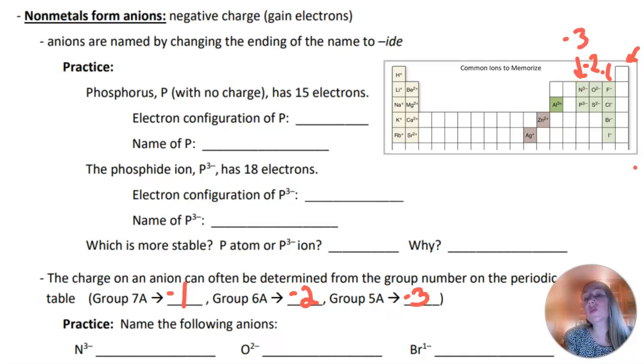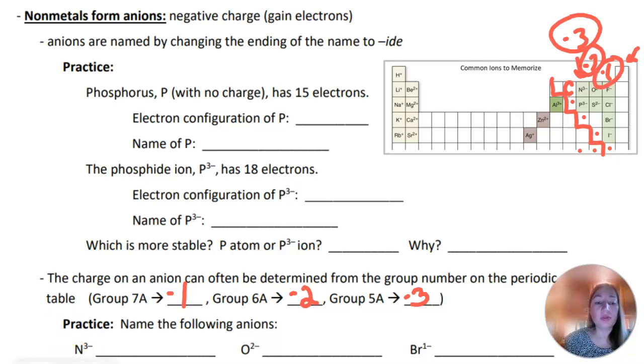Now notice we're just putting that for the nonmetals. So, we had our staircase here, and so we're not really doing that for our semi-metals. And there's even some of our nonmetals, like for example, carbon here, that are not going to act this way, that are going to share electrons and not really form ions at all. So for the ones that form ions, it's pretty easy. It's -1, -2, and -3. So -3, -2, -1 for those groups.